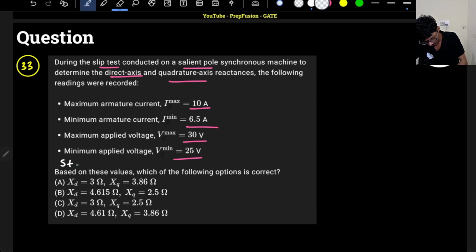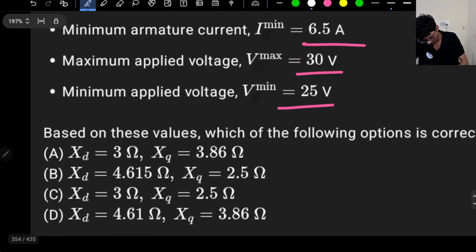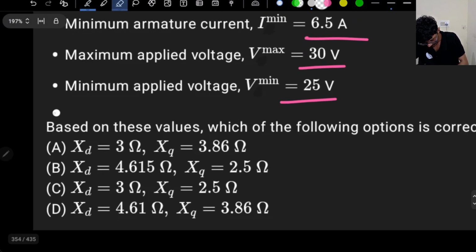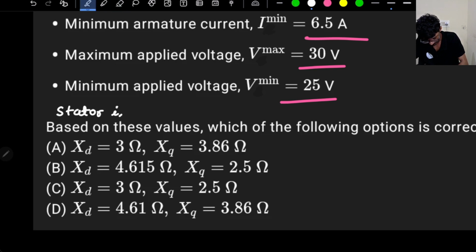If nothing is mentioned, you will assume it to be star connected, but I will say the stator is delta connected. I will write it right here: stator delta connected.